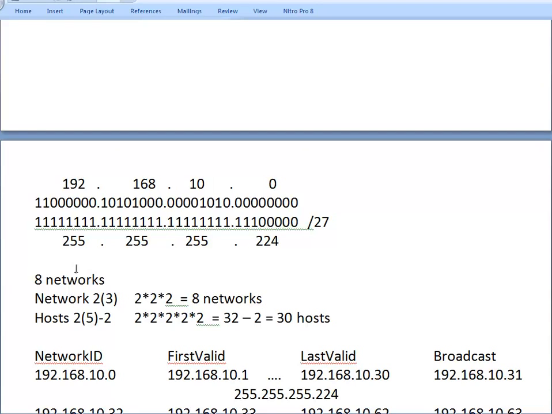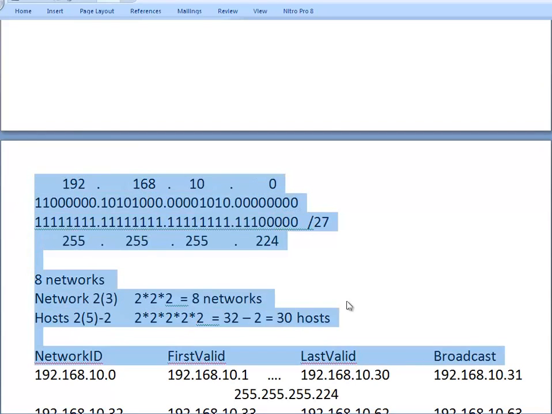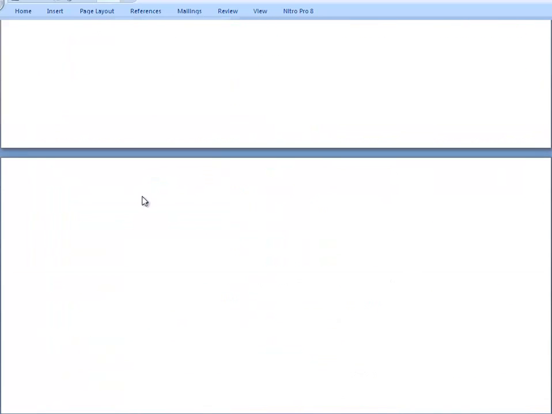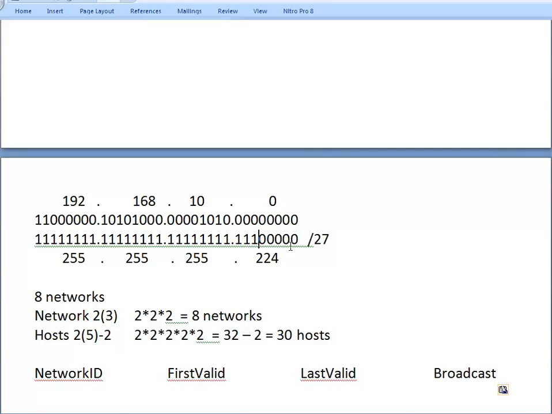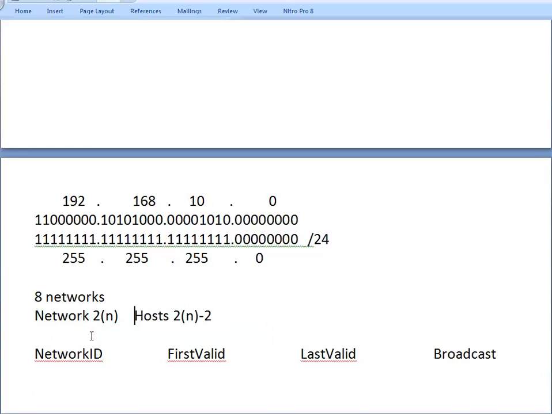Okay, so again, I'm gonna grab some of the information here and go to the next page. Here, change some of the stuff here. So /24, and now I'm worried about hosts.